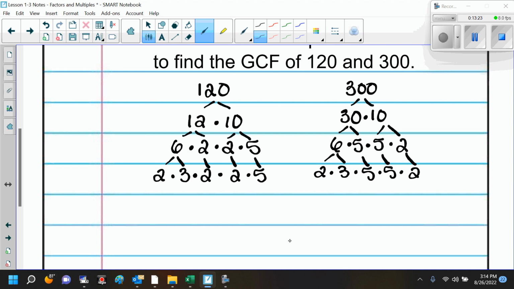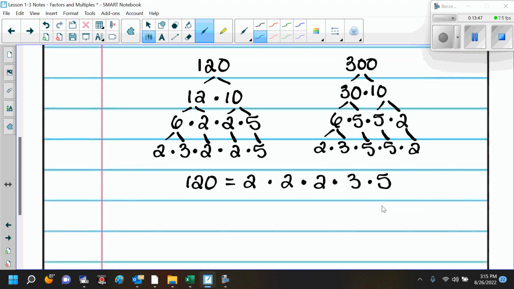Different kind of lists, not those other kind of lists. So for 120, we're just going to rewrite the prime factors in order. I like to write them in order. So that's 2 times 2 times 2 times 3 times 5. Everybody good so far?